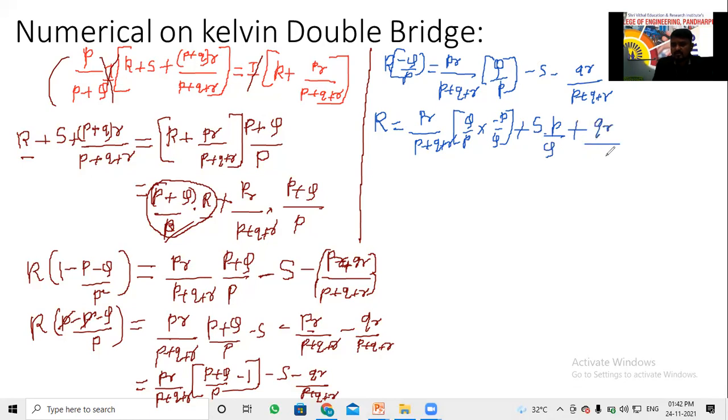QR divided by (P plus Q plus R) into P by Q. So this P, P get cancelled, Q, Q get cancelled here.